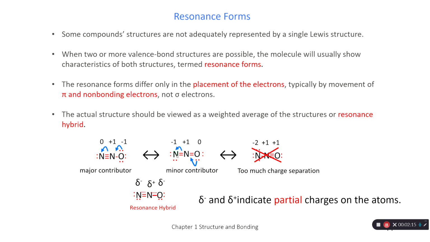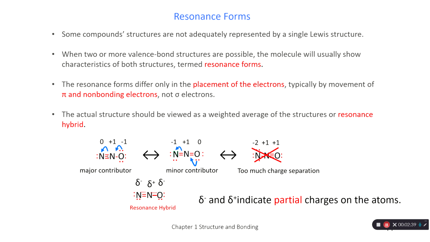And in this case, the negative charge is shown on the nitrogen. Now, nitrogen is less electronegative than oxygen, so we thought this one on the left was a better structure. But it nevertheless shows that the negative charge can be shared between the oxygen on one end and the nitrogen on the other end. Now, the way we illustrate that is you can see with these arrows where the electrons are moving.